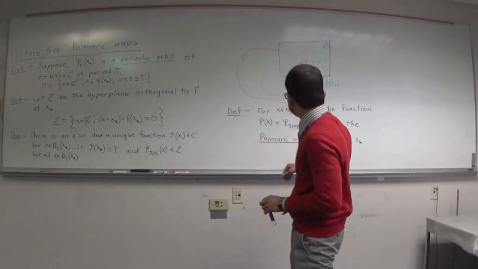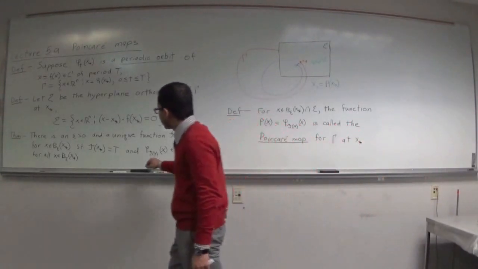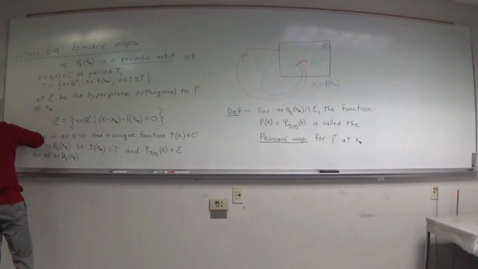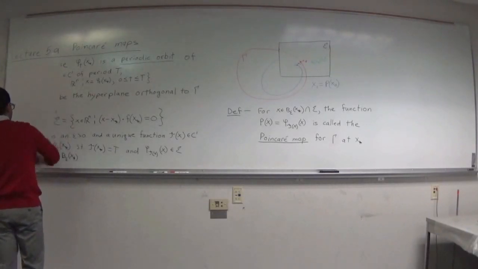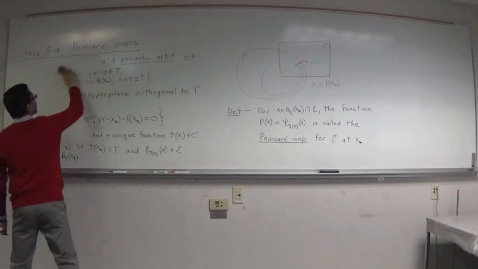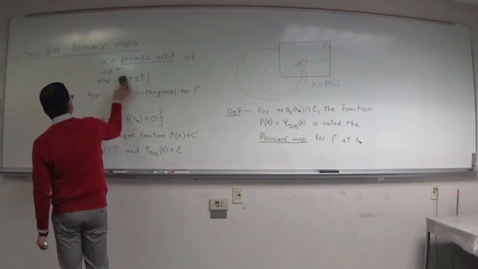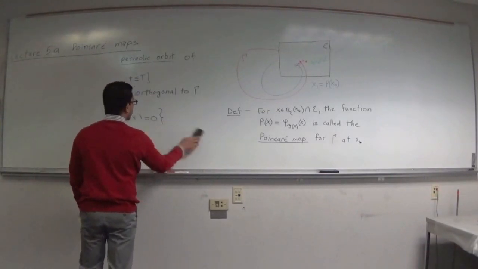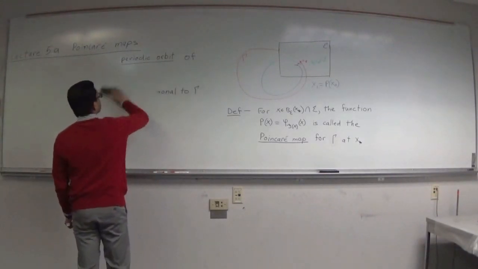So we'll see this in an example that I have. It's actually very difficult to come up with an example for Poincaré maps. So this example I took from Perko. So this is quite a good example. But in general, it's difficult to find the Poincaré map explicitly.